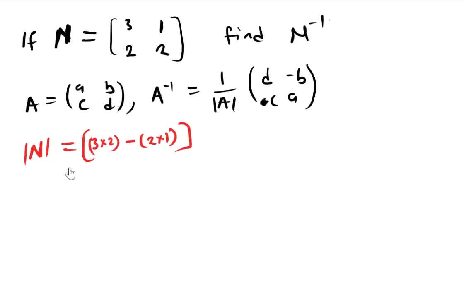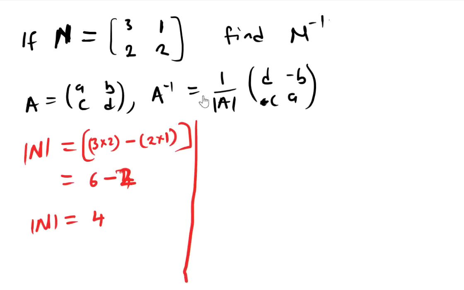This is equal to 3 multiplied by 2 is 6, minus 2 multiplied by 1 is 2. So this implies that the determinant of n is equal to 4.